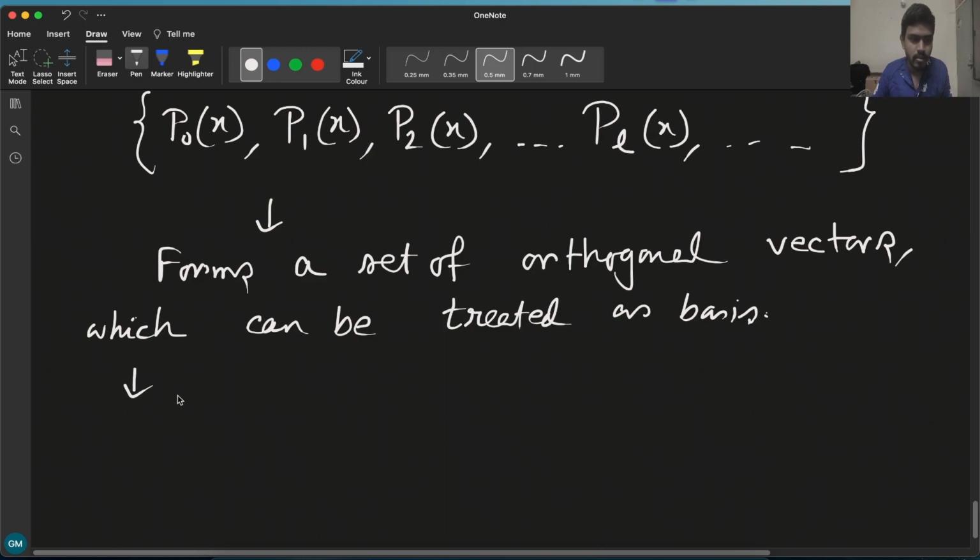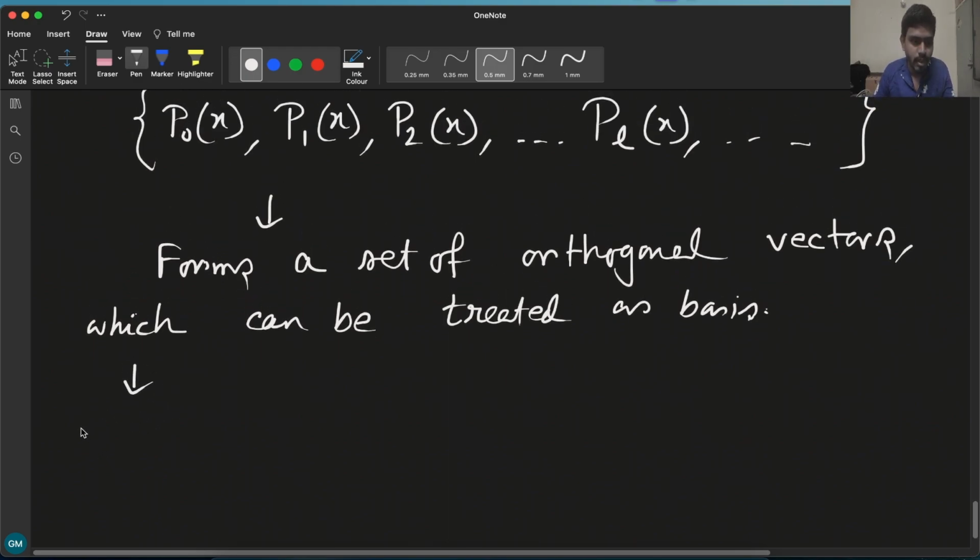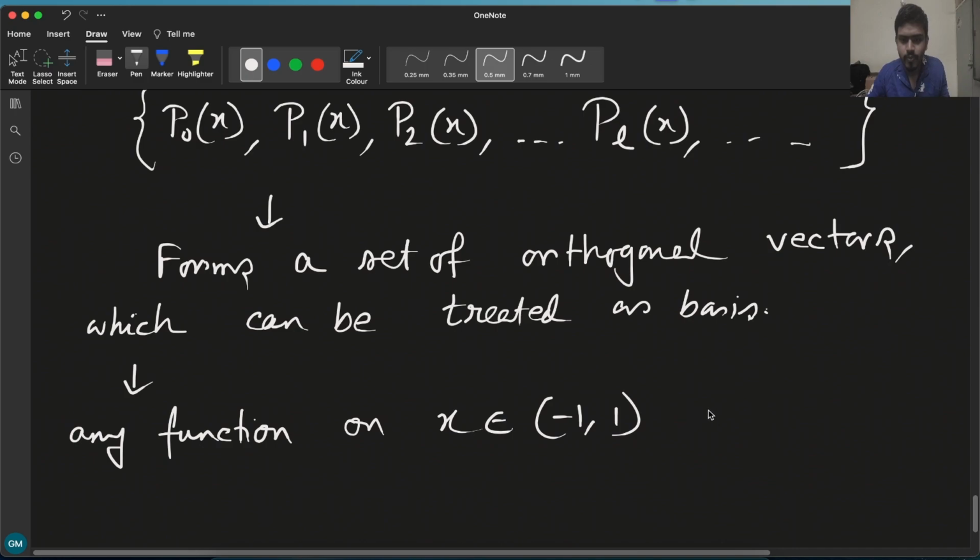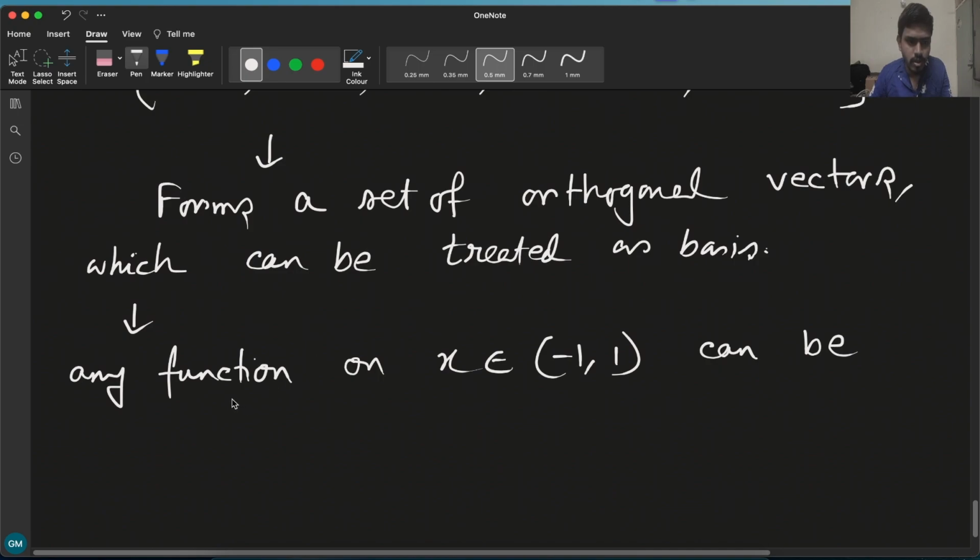In that case, the claim is that any function, underlined that it should be a well-behaved function, well-behaved meaning it is not diverging in the defined interval, any function on x belonging to -1 to 1, let's say f(x), can be expressed as a linear combination of PL(x)s.